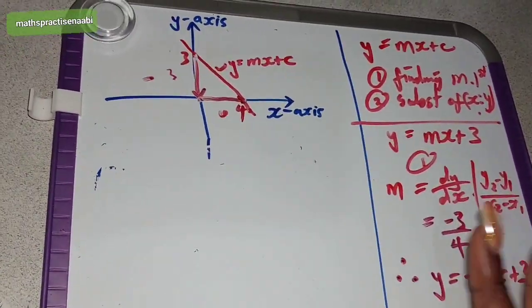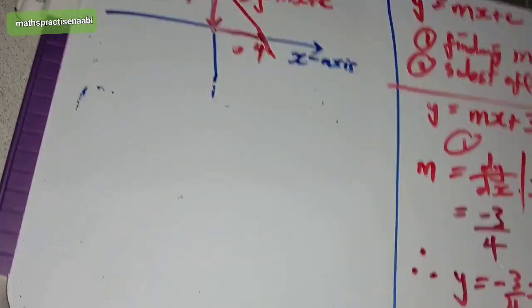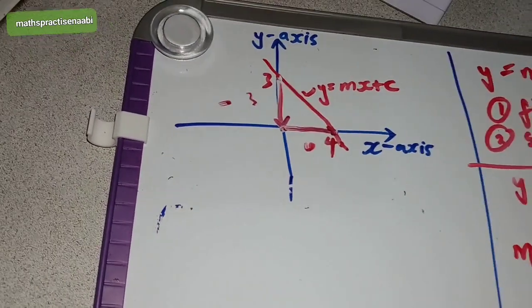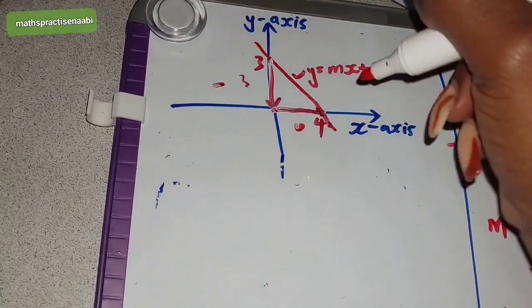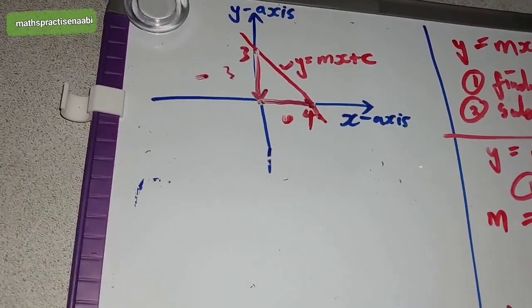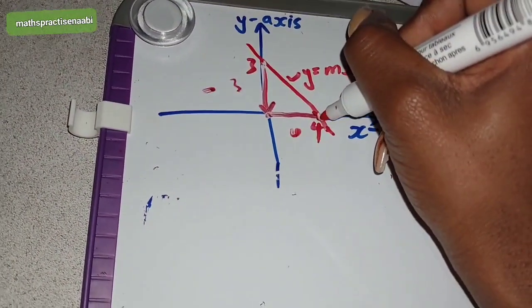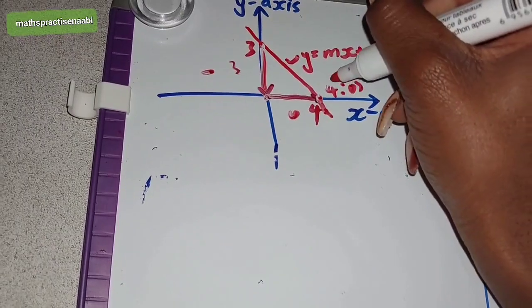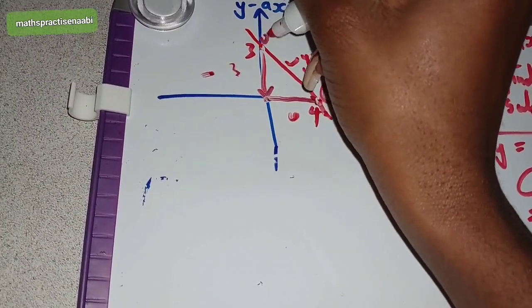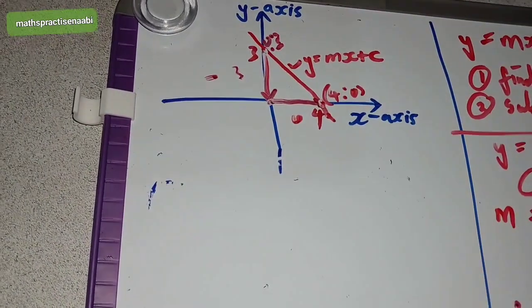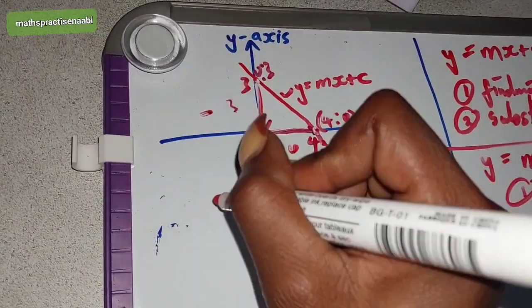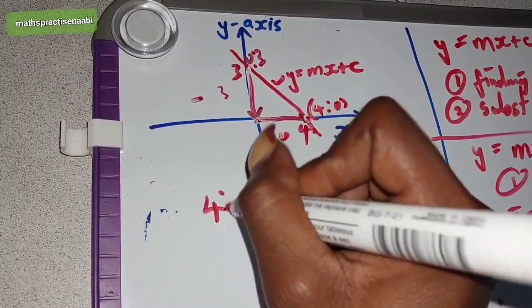So the first thing that we'll do now is identify a point. It will be easy for us, we can just pick a simple point. The points that we know here, we have 4, 0. And here it's 0, 3. So 4, 0.